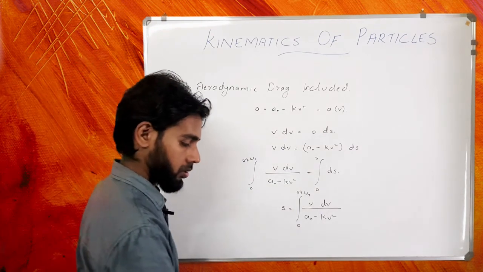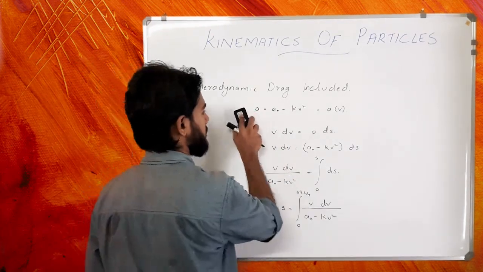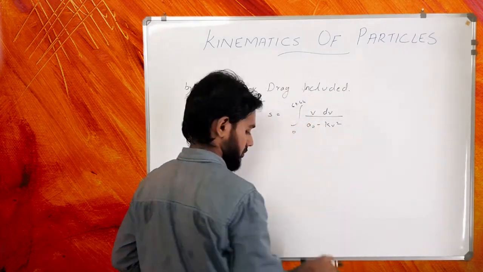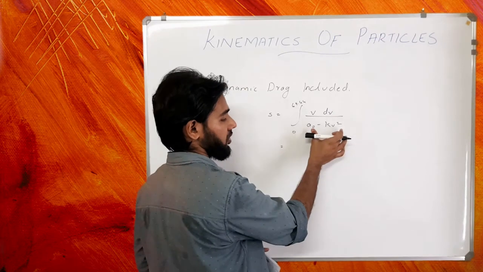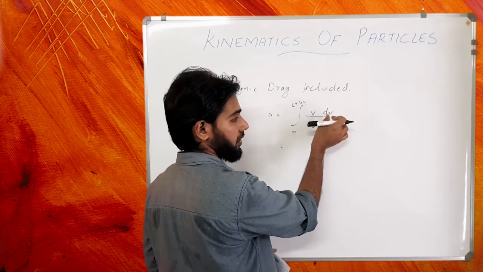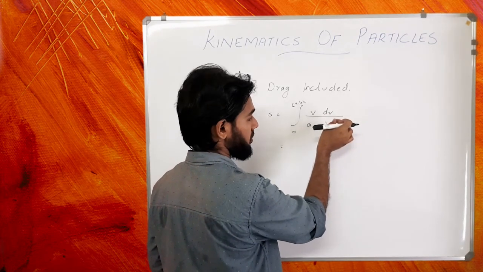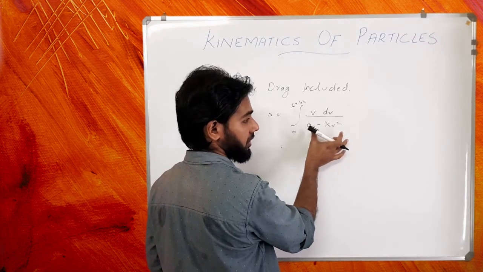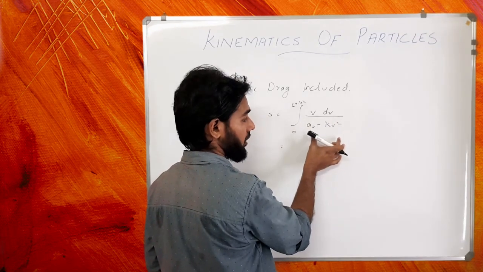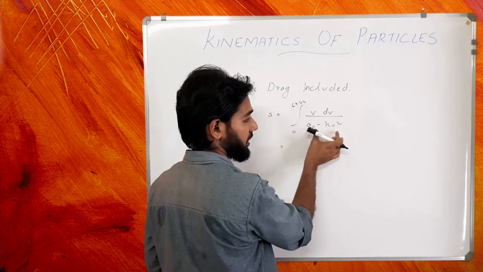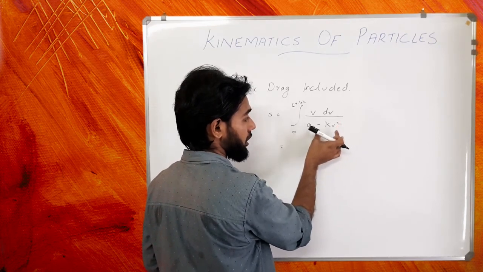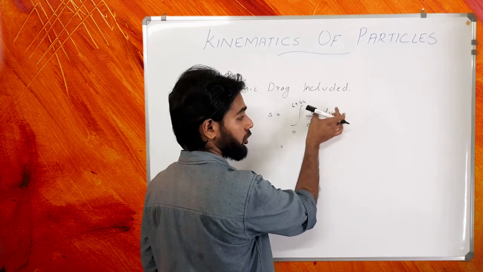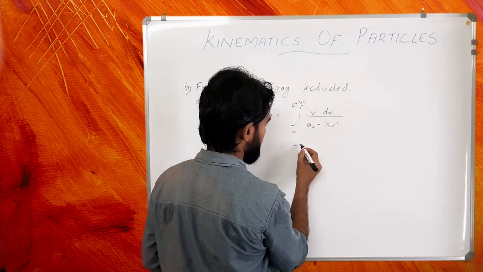So here as such I would get s equals. If I look at this corresponding function, I can make certain shortcuts so that I can obtain this corresponding equation in such a way that the differential of the denominator can come at the numerator.